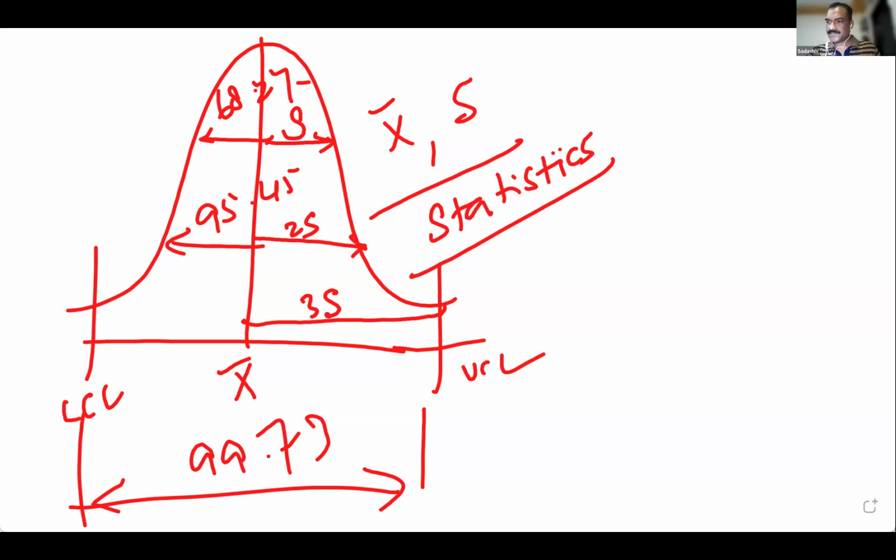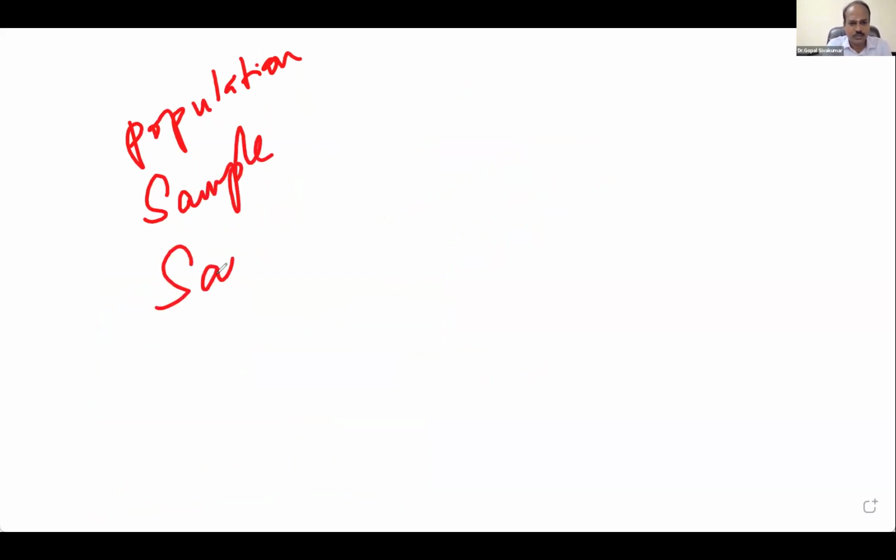Now I explained to you two distributions. First one is population. Second one is sample. Now I want you to understand one more distribution, which is known as distribution of sample averages.